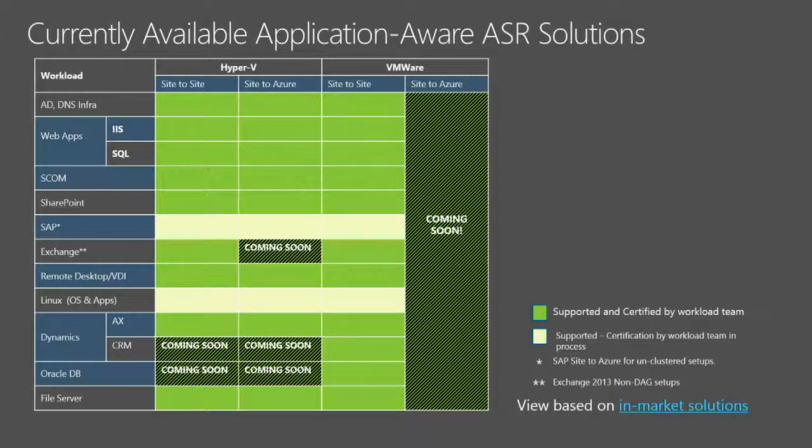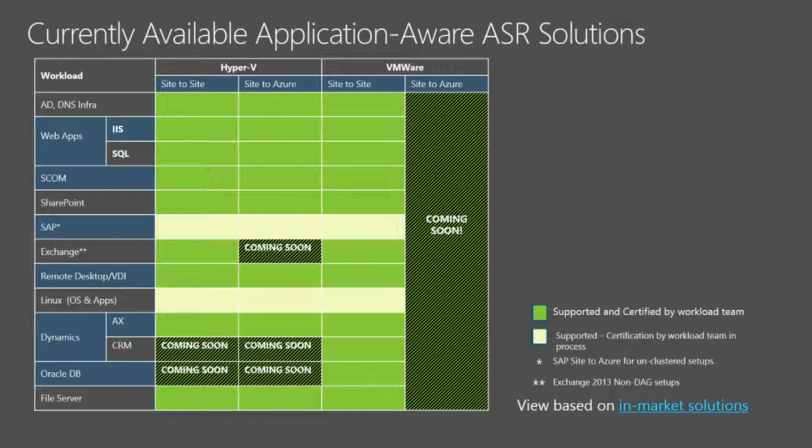What that means is, for example, if I take the SharePoint row, it means that we have come up with a recovery plan for SharePoint as a workload, and that we got it certified by the SharePoint team, that that's the right way to recover SharePoint. Same way, that's true for Dynamics AX, where Winston will be demoing that.